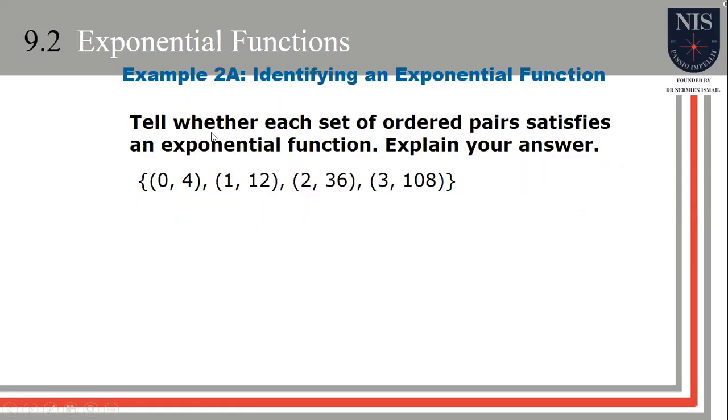Could you please tell whether each set of ordered pairs satisfies an exponential function? Tell me about this one in front of you now, whether it represents an exponential function or not. Debulina, does this group of ordered pairs represent an exponential function or not?